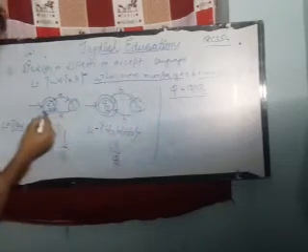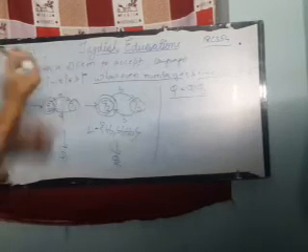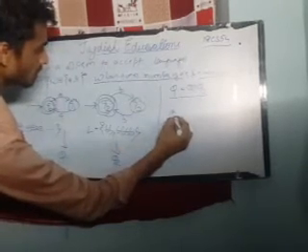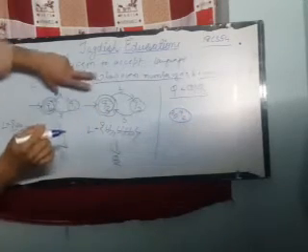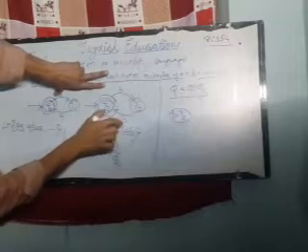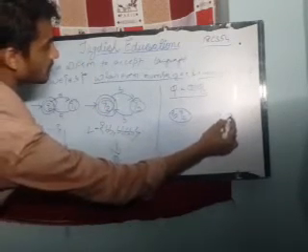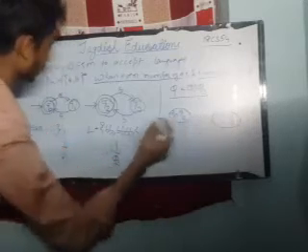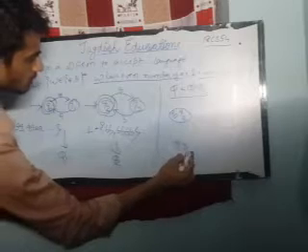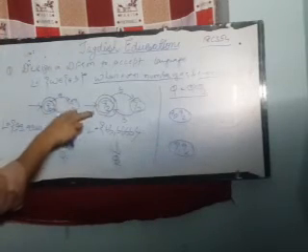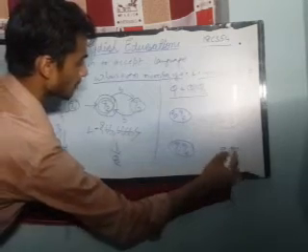See here: q0 with q2, q0 with q3, q1 with q2, and q1 with q3.